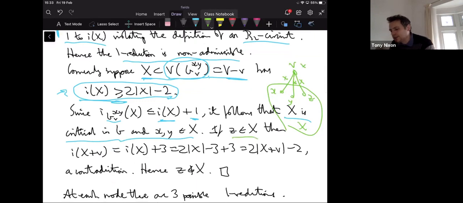So if Z is in X, then I of X plus V is I of X plus 3, but we only added one vertex, so we end up with 2X plus V minus 2, which would give us a subgraph of G, which can't happen in a circuit because, well, it just can't. So you get a contradiction, hence Z is not in X.